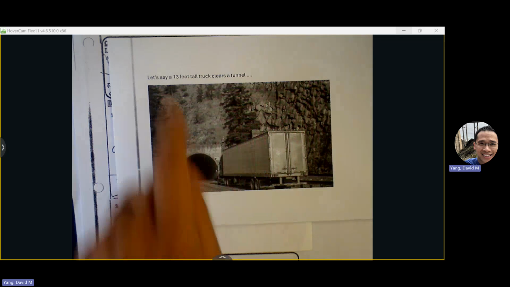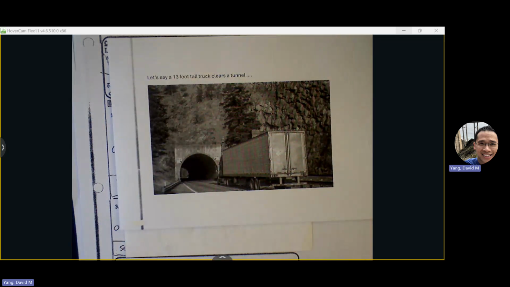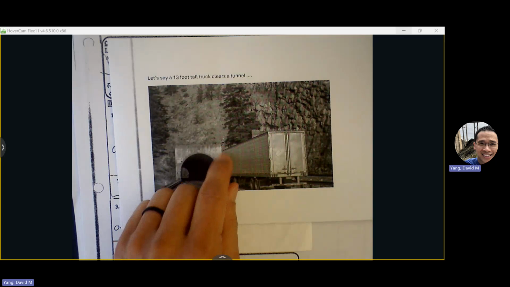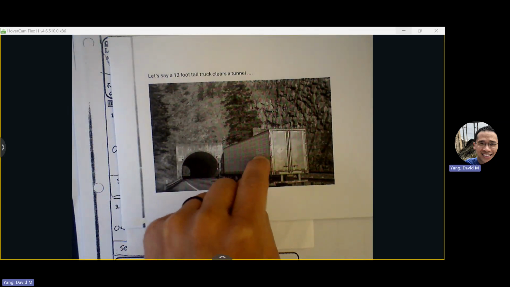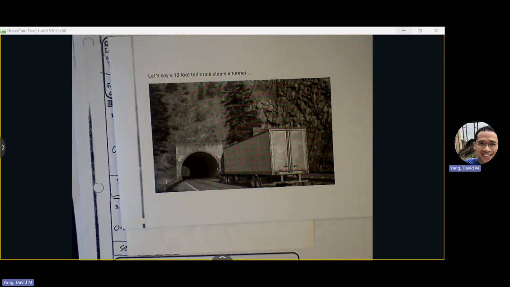Can we guarantee that anything less than 13 foot will also clear the tunnel? Yes, right. So that's a guarantee. What if it's a 14-foot tall truck? We don't know, right? I mean, it may pass, but it's not a strong argument. It's probably close enough where it will pass, but if we have something that passes, then only something less than it can be a strong argument. Anything more than it, we're kind of in a gray area.